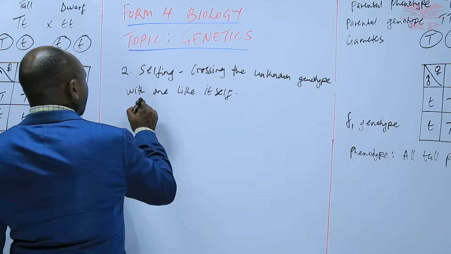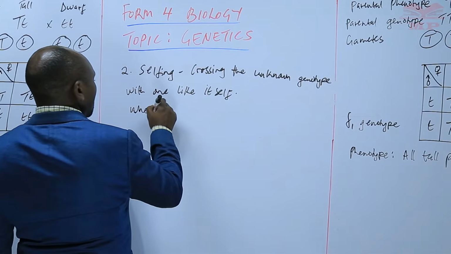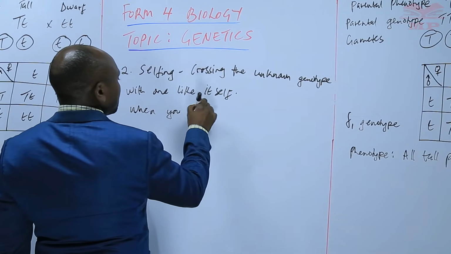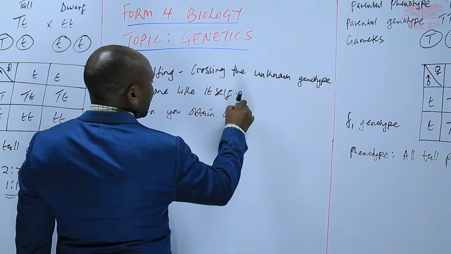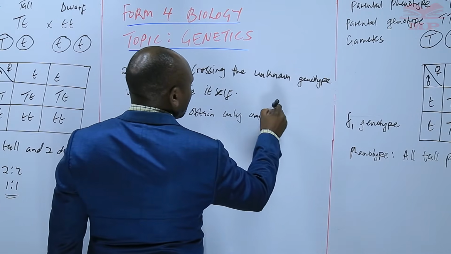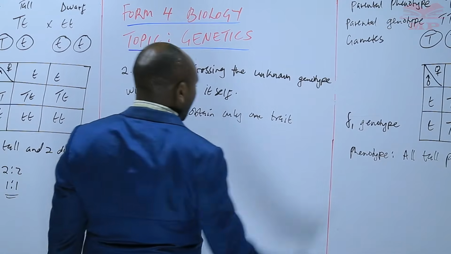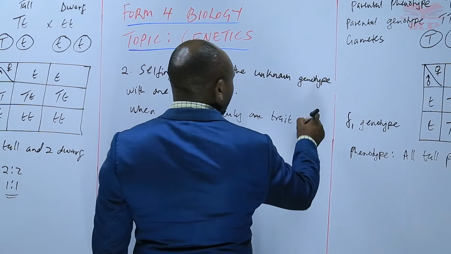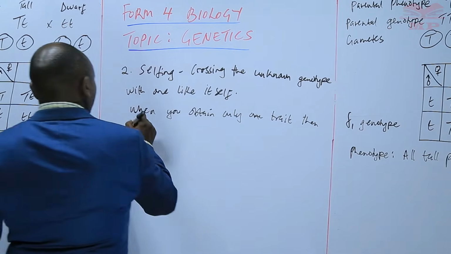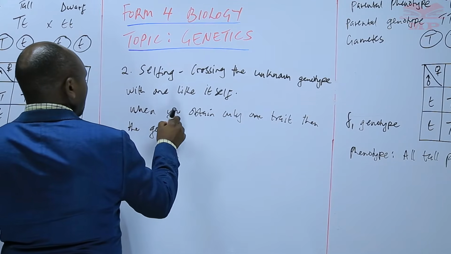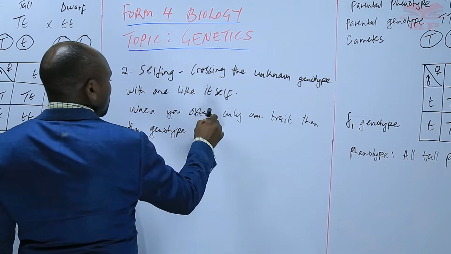So when you obtain only one trait after selfing, then the genotype was homozygous.